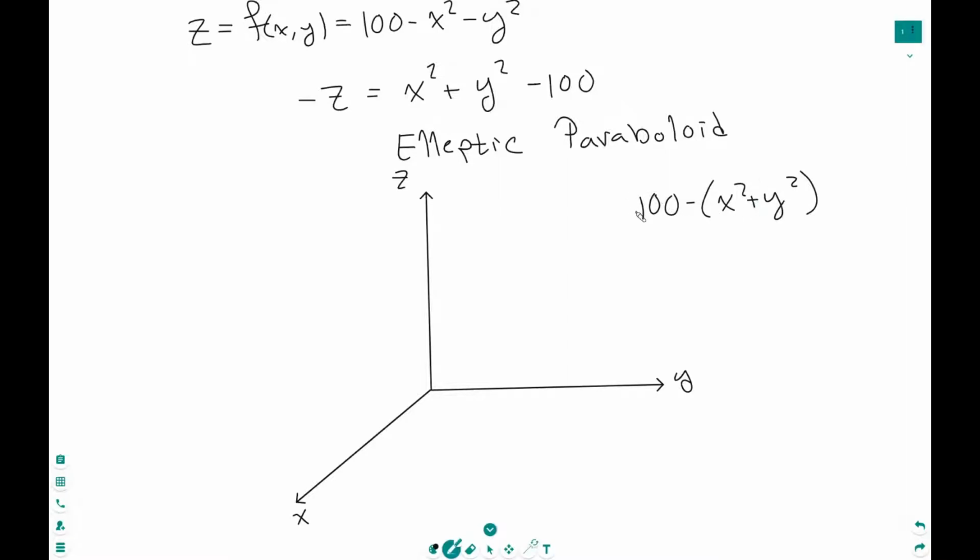So that means that the largest value that I should possibly be able to attain is 100, because I'm always going to be subtracting a non-negative number from it, right? This can be 0, or it could be larger than 0. So the maximum I should be able to obtain is at 100. And that should happen at 0, right? When x and y are both 0, I should get this 100 point.